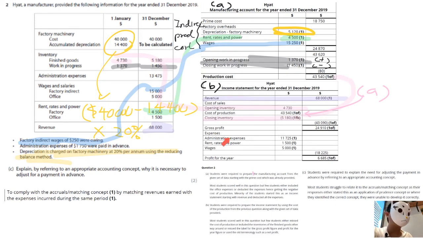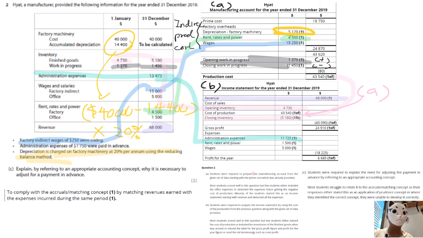First of all, we need to start with the administrative expenses. This one I would say is quite tricky. Because here it is 13745. However, in the answer it is 11725. So you can see there are some differences. Why is that? Because you have to take a look at the question very carefully.